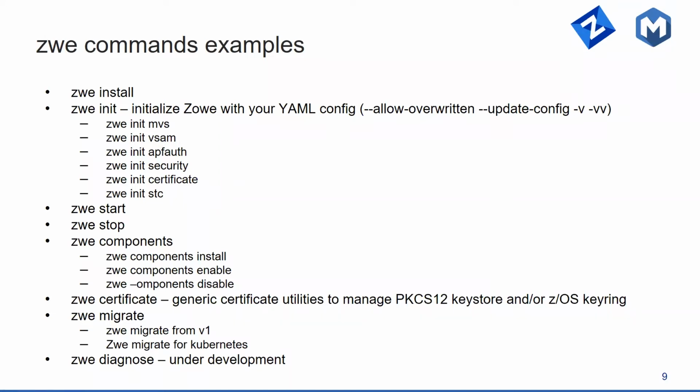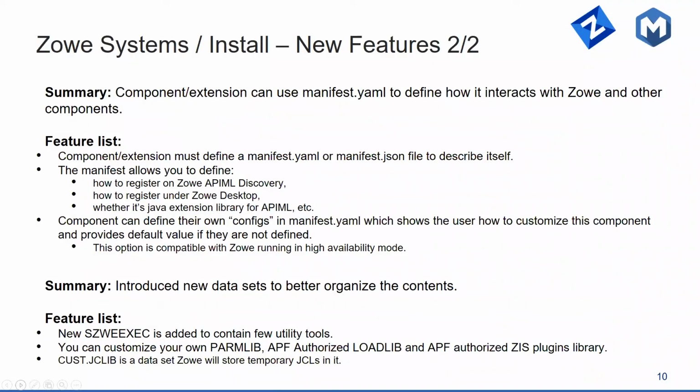So pretty much that's the zwe commands, all related to zwe commands. Another feature change for version 2 is that all the components and extensions now must define a manifest.yaml to tell Zowe how it works and how it interacts with the Zowe runtime or other components. This is mandatory, and you may also see this information in the V2 conformance.